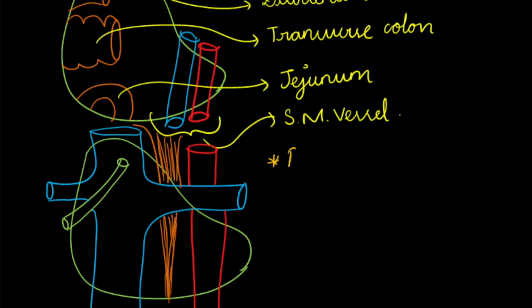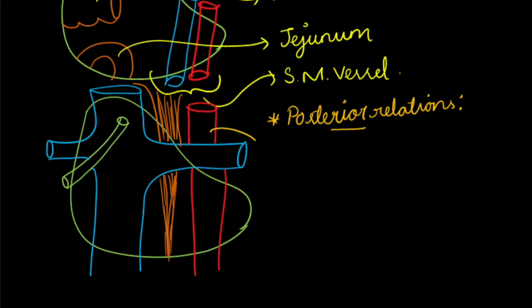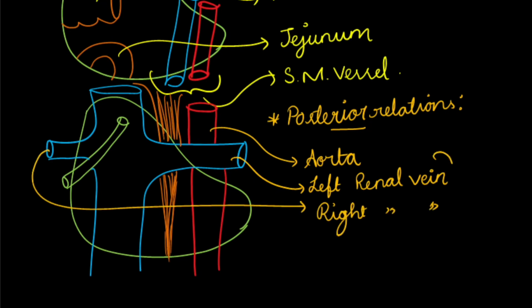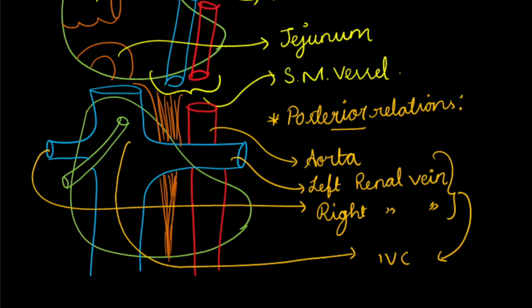And this image is regarding the posterior relations of the head of the pancreas. Here comes our aorta, here comes our left renal vein, and here comes our right renal vein, and both of these combine to form the inferior vena cava, which you can see here. And here you can see a green structure, that is none other than our bile duct.